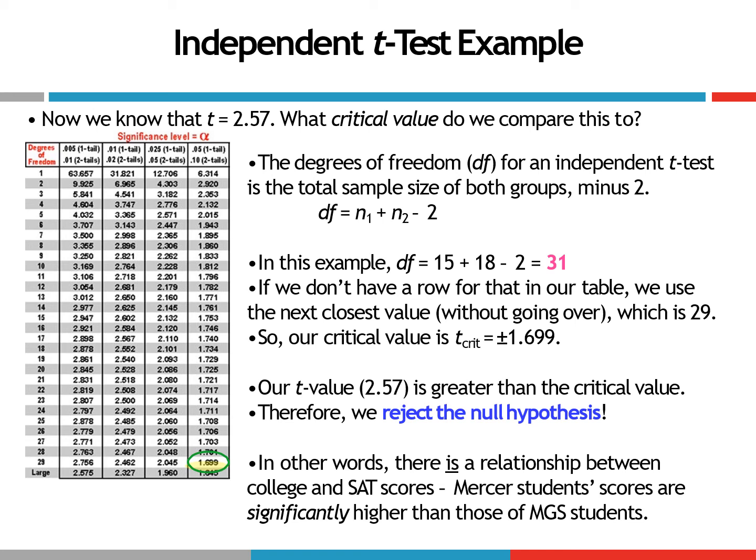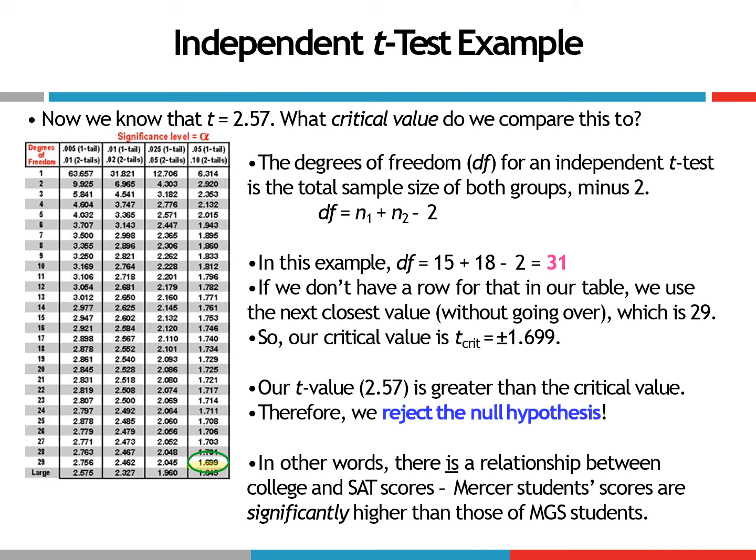Okay, so because we're hypothesizing that one group's scores will be higher than the other, we're conducting a one-tailed t-test. So that means we're going to be working with the last column where it says 0.05 one-tail, and we're going to go down to 29, and that gives us a critical value of 1.699.